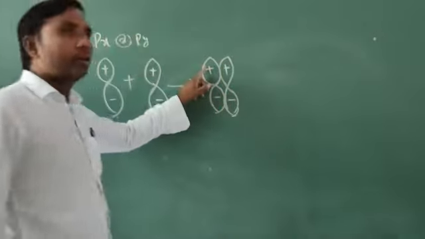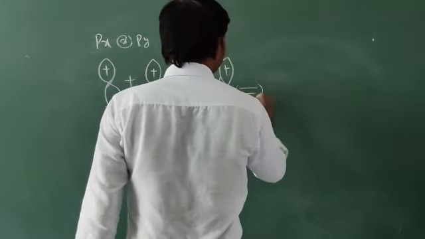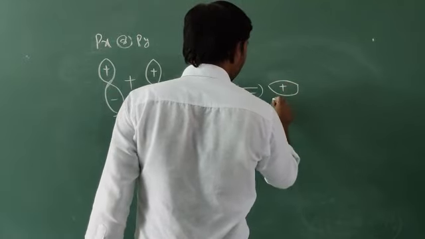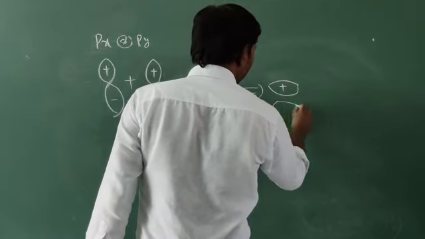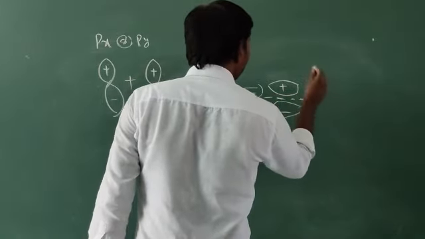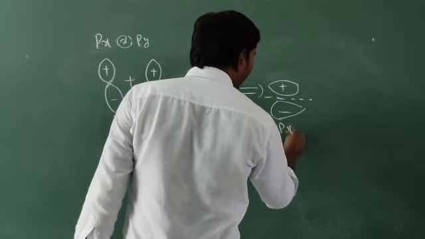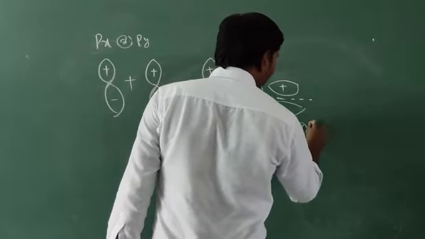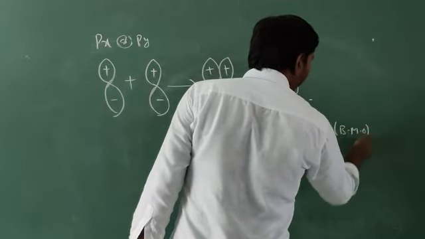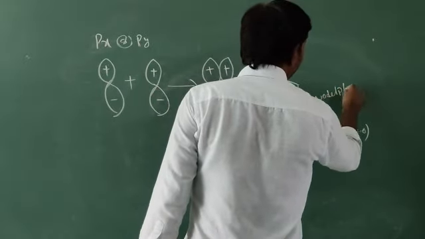Here both are overlapping. This is the nodal plane. This is the bonding molecular orbital, whether pi Px or pi Py. This is the nodal plane.